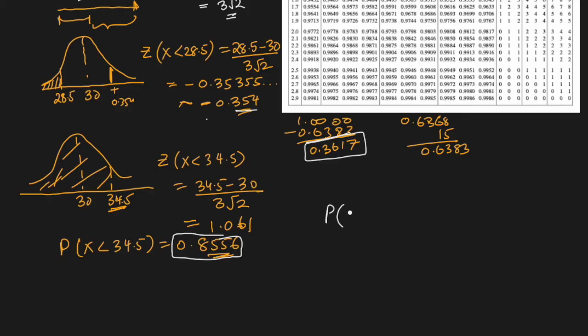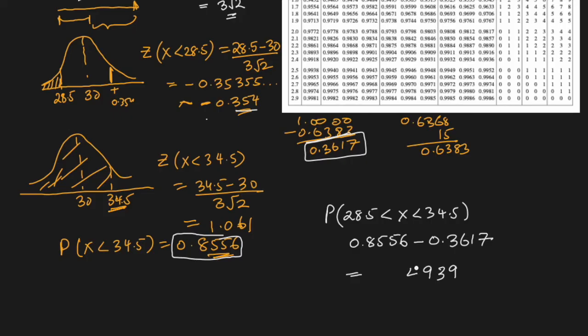So the probability that your x lies between 28.5 and 34.5 is 0.8556 minus 0.3617, which is 0.4939, and which can be rounded off to 0.494.